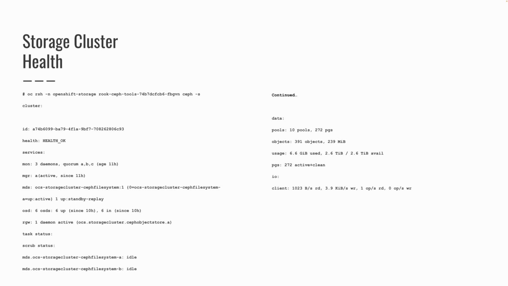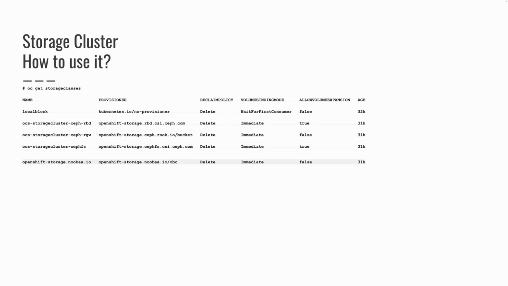So now, after implementing OpenShift Container Storage, how do I use it? This is very common across the Kubernetes environment. OpenShift Container Storage will create the appropriate storage classes. The second one in the list is for block storage.